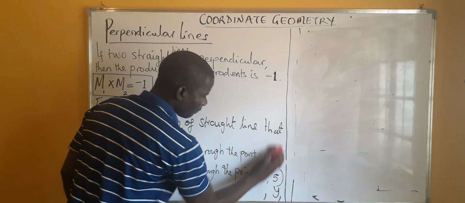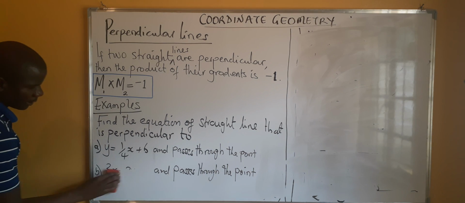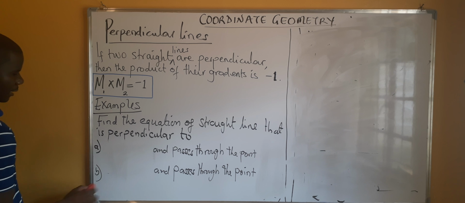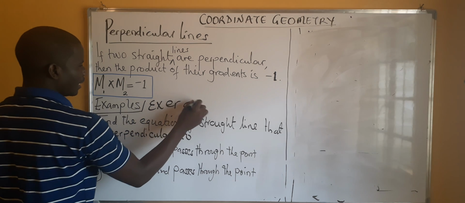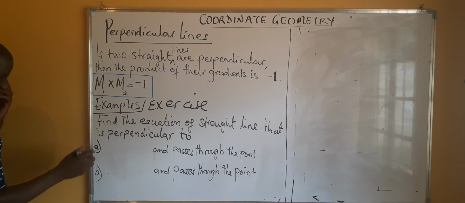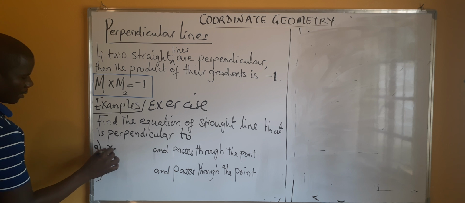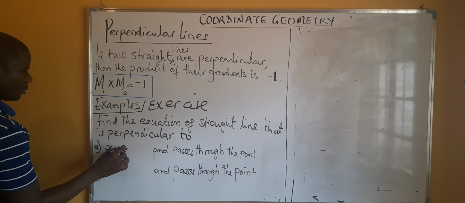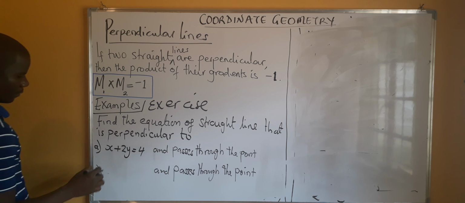So let me give you the exercise based on these same questions. I'll just change the equations here. You take this now as an exercise. For the first one, we have x plus 2 equals 4.